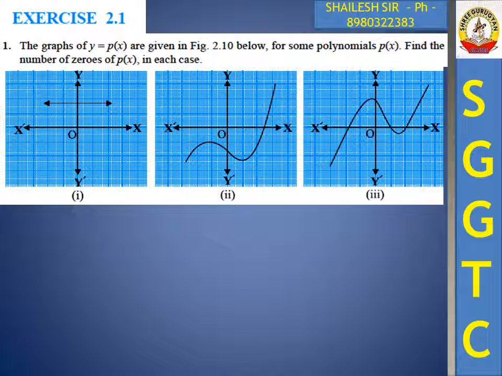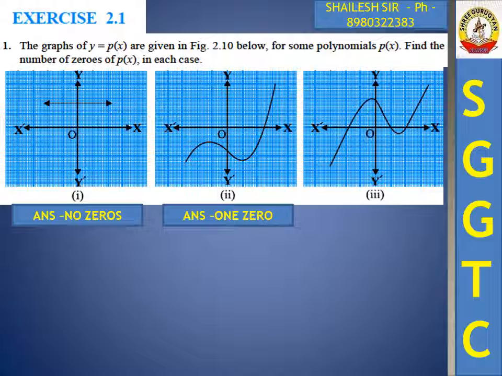We calculate only for the x-axis. So my answer is no zeros. Yes students, the graph must intersect the x-axis, then it indicates zeros. In the second figure, the given graph intersects the x-axis at only one point, so my answer is 1 zero. And in the third figure, the given graph indicates 3 points, so my answer is 3 zeros.